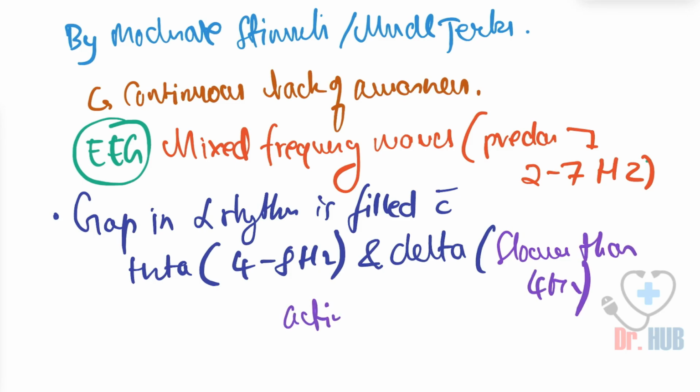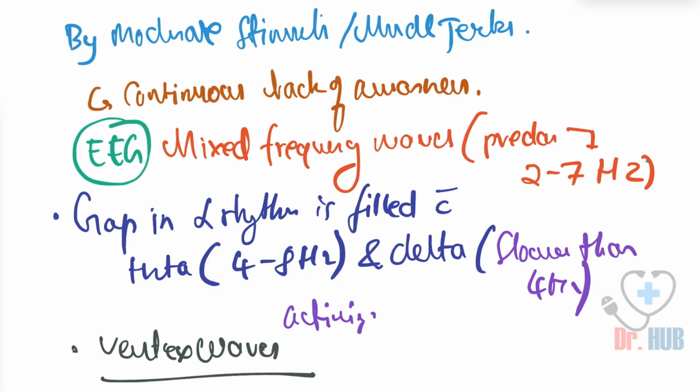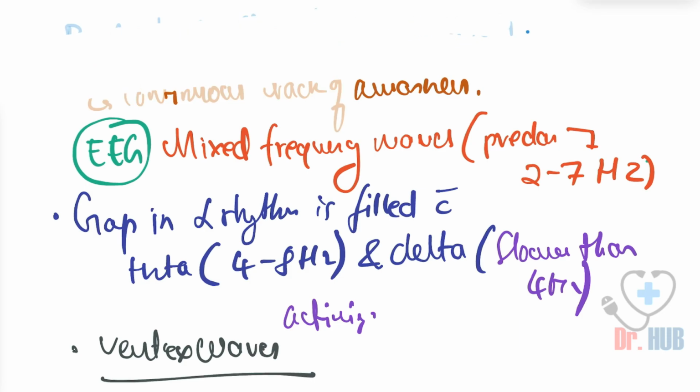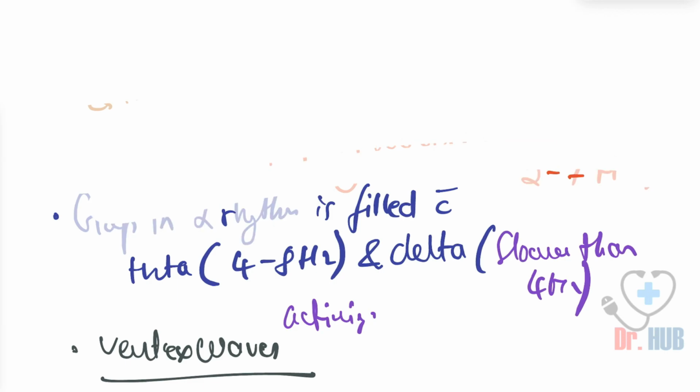There are also something known as the vertex waves. Next, we move on to NREM2.